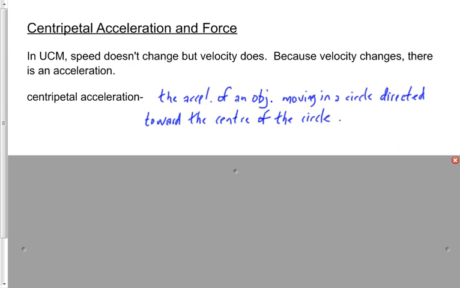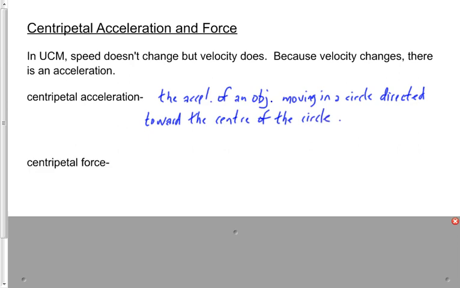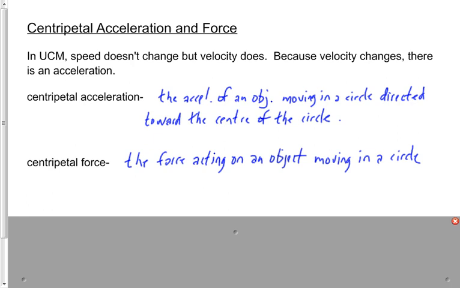Whereas the centripetal force is, if there's an acceleration directed toward the center, then there has to be a force directed toward the center as well. The force acting on an object moving in a circle, the force that's directed toward the center of the circle.